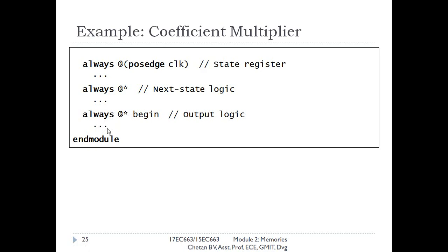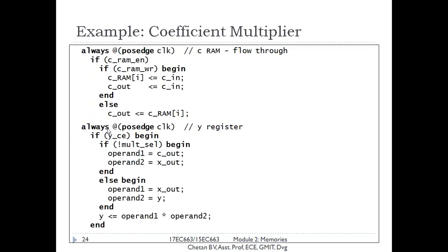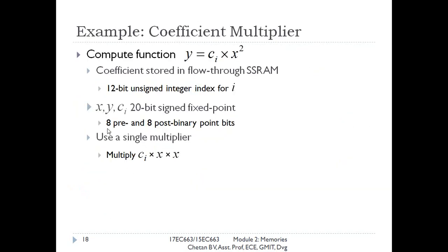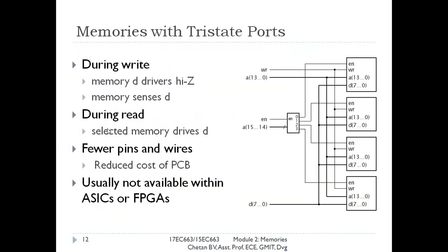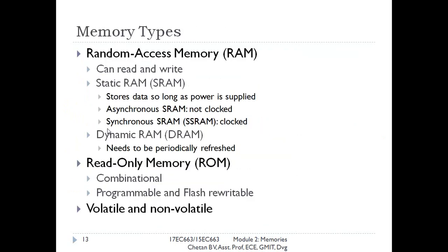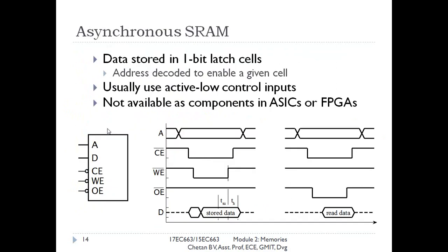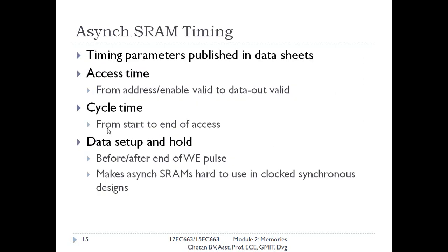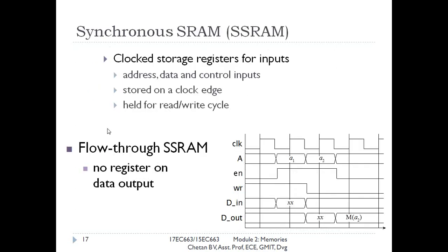So to summarize, in this video we started with different types of memory. We have discussed what asynchronous static RAM is and the timing constraints on asynchronous static RAM. We have discussed synchronous static RAM, which is flow-through synchronous static RAM, and an example on flow-through synchronous static RAM.